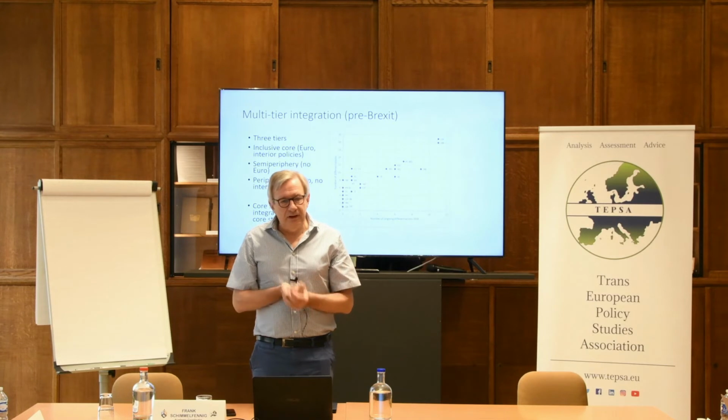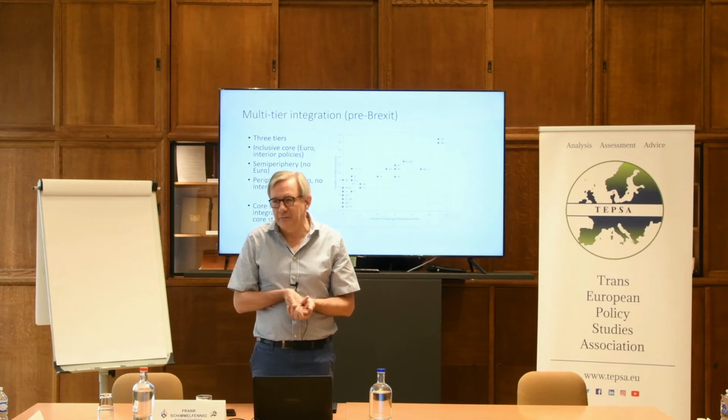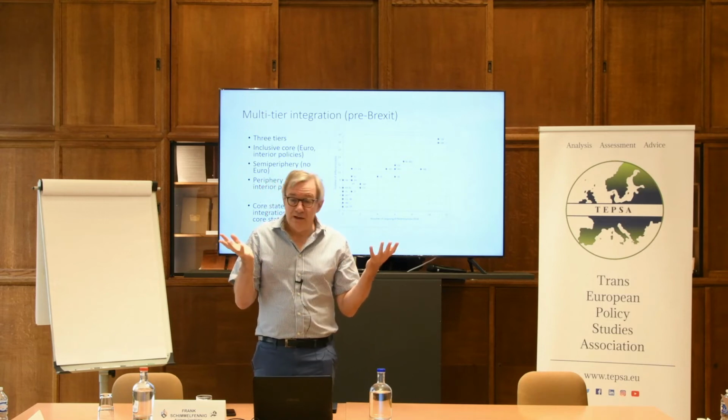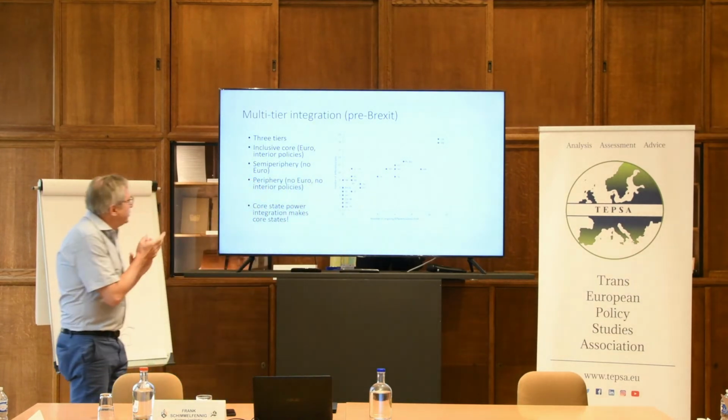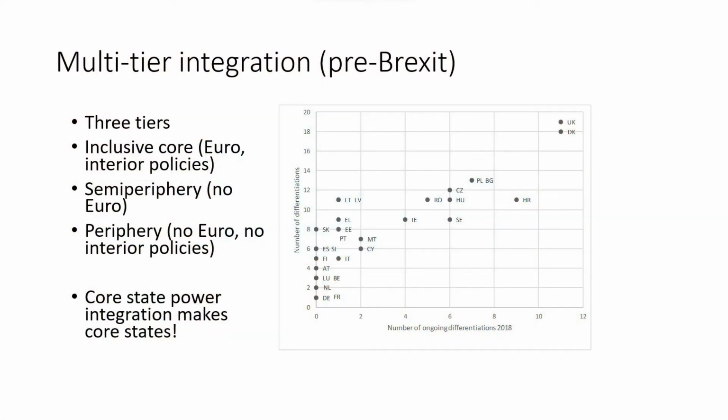Which means that for the rest of the differentiations, we can check whether that is multi-tier, or is it maybe multi-menu? So here, what does this graph show? Here we have on the x-axis the number of ongoing differentiations pre-Brexit, 2018.